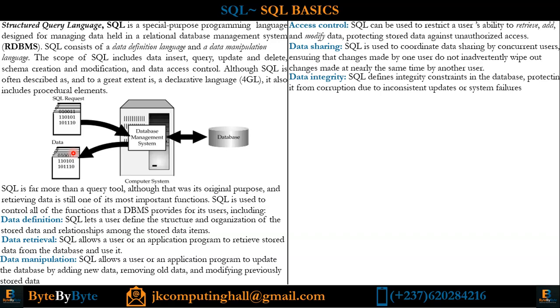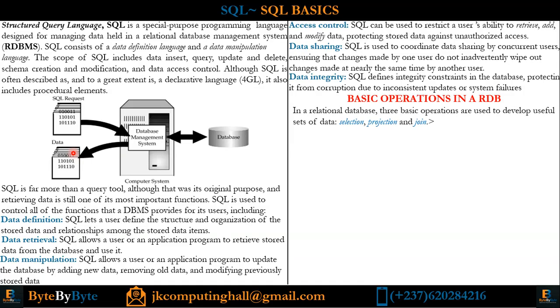We have entity integrity, stipulating that each record in a relation has to be unique, and also the most important, referential integrity, which ensures that the foreign key values must be either null or contain a value from the primary key values they reference. So SQL defines integrity constraints in a database, protecting it from corruption due to inconsistent updates or system failures.